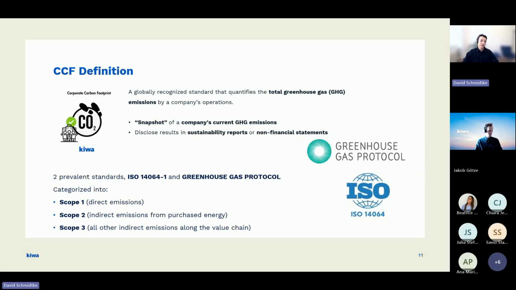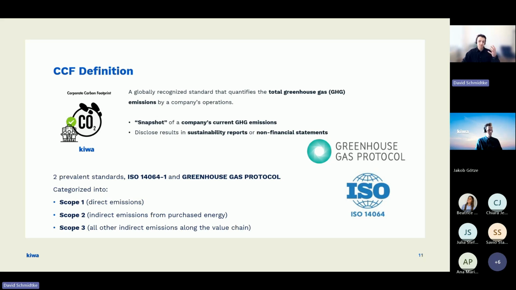As sustainability and non-financial reportings are supposed to enable comparison between companies, the way to create a CCF is standardized. And two standards come to mind here, which are the ISO 14064 and the Greenhouse Gas Protocol.